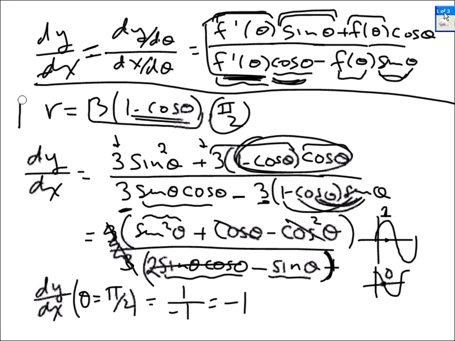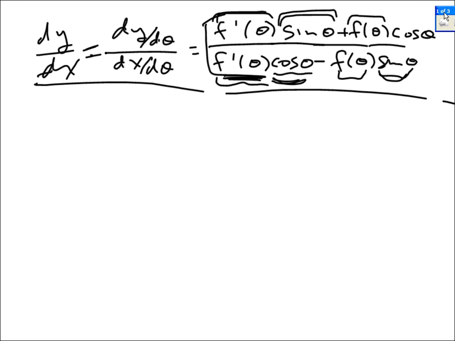But remember, the denominator is 0 and the numerator is not. You can't have them both equaling 0. 0 over 0 is not undefined. So the question says, find the horizontal and vertical tangencies of each curve.